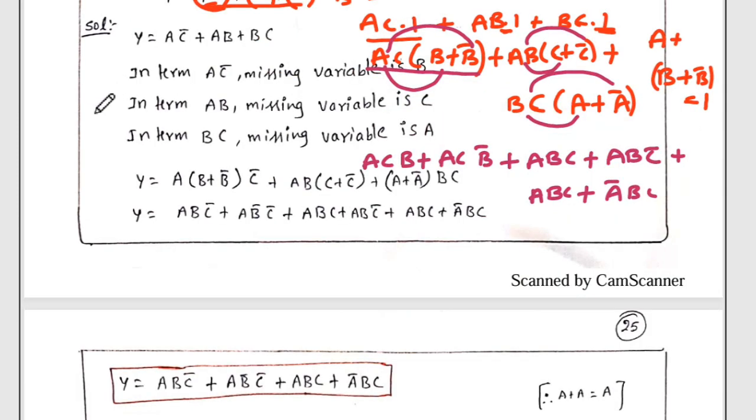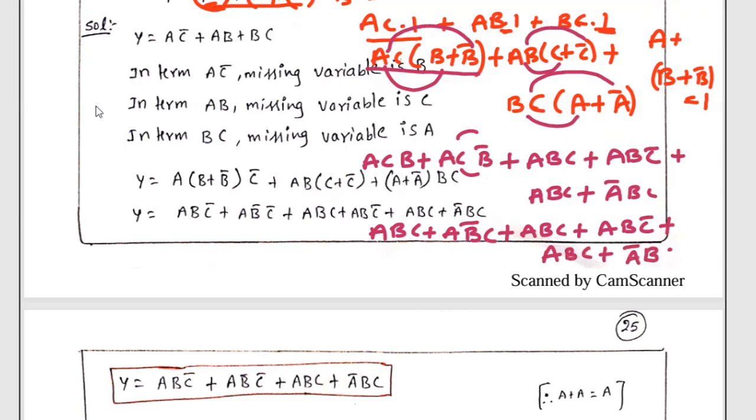Finally I am arranging everything in alphabetical order: A B C bar plus A B bar C bar, first B, after that C, plus A B C plus A B C bar plus, after that again A B C plus A bar B C. Now this is the equation we got.